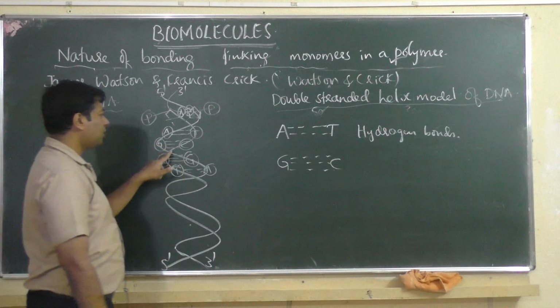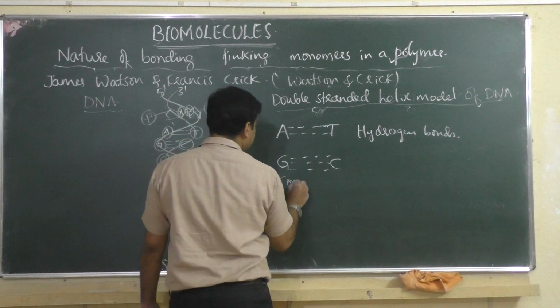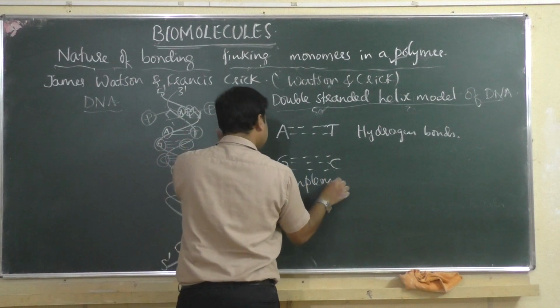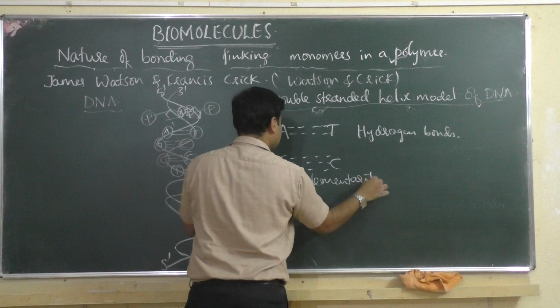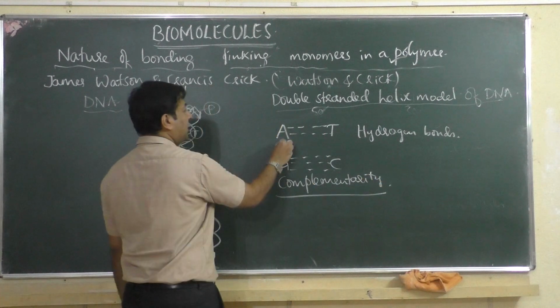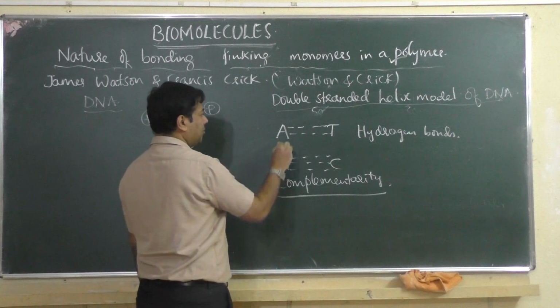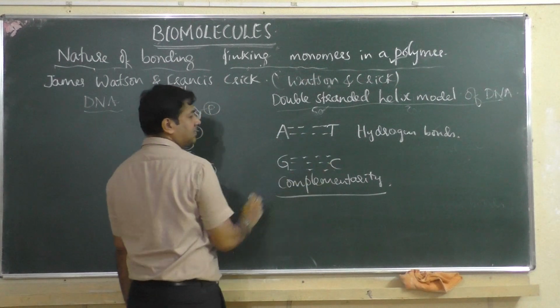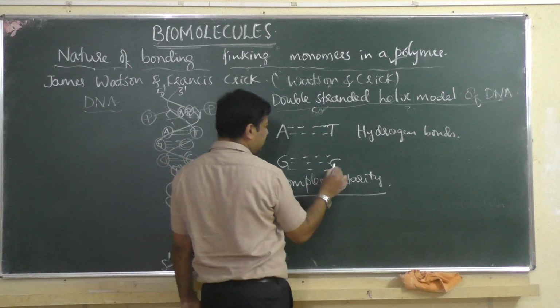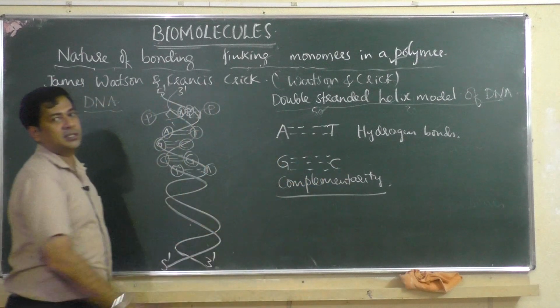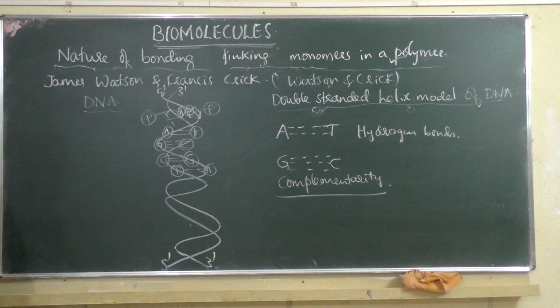That is also called complementarity. Complementarity means if A is complementary to T, T is complementary to A. Okay, but A and T are not complementary to G and C. G is complementary to C, C is complementary to G. That means what binds to what, they have explained.